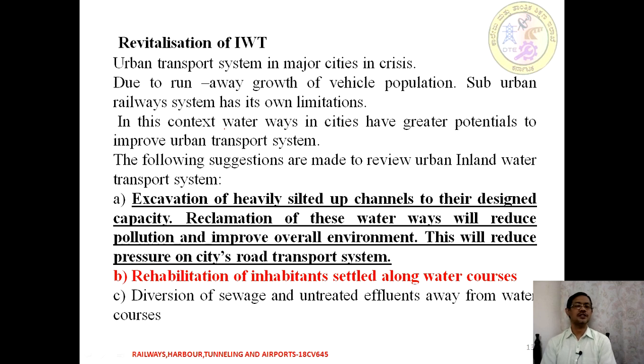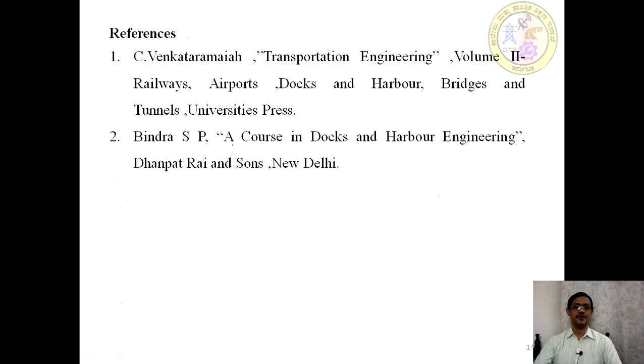Obviously it will reduce the burden on other systems such as road transport, and to a certain extent on cargo movement. Next, the rehabilitation of inhabitants settled along the watercourse has to be taken into consideration. Next, the sewage and untreated effluent need to be diverted away from the watercourse for the revitalization of IWT.